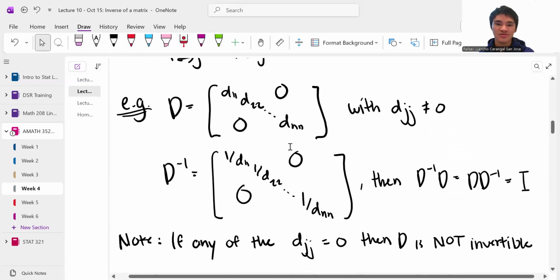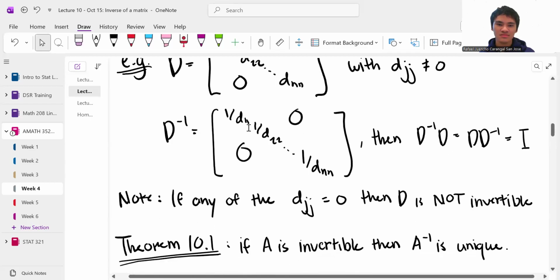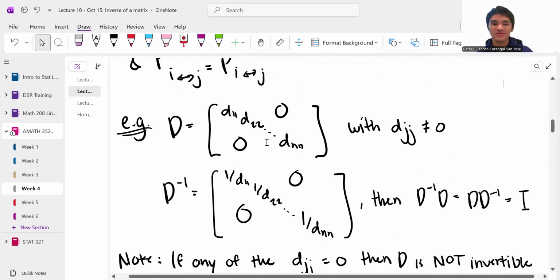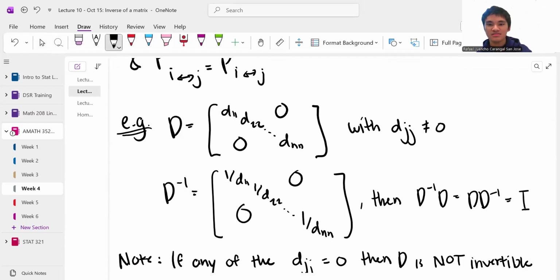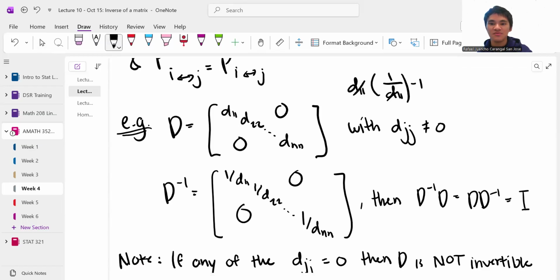And for diagonal matrices, the inverse is just 1 over each entry, because that gives us the identity. If we multiply D11 by 1 over D11, it cancels and we get a 1 back.